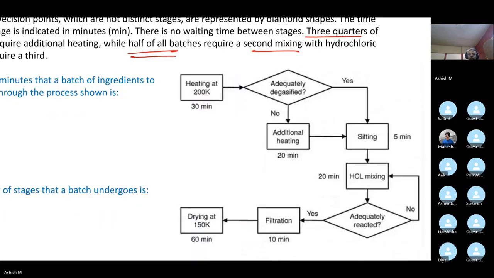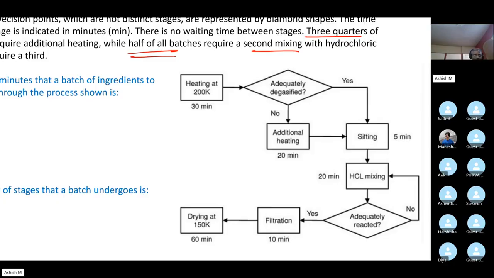Notice it would be 30 plus 5, 35, 55 plus 10, 65 plus 60, 125. 125 is the least amount of time that any batch would take.